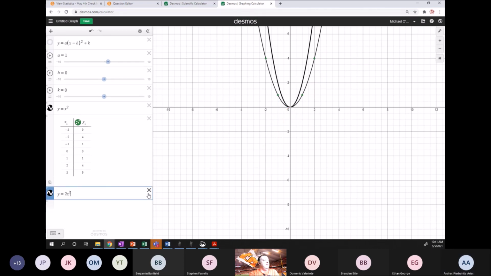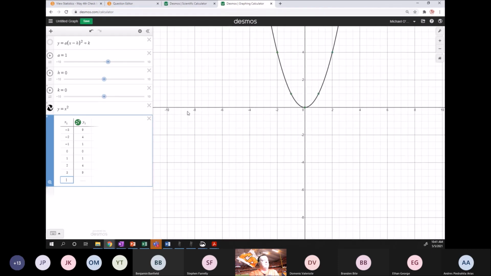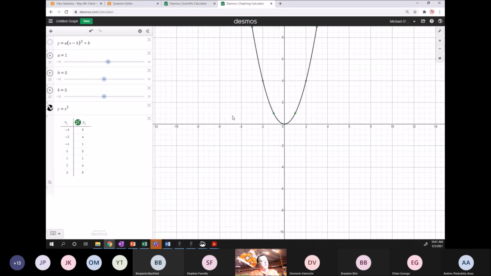All right, so let's look at this next. What happens to our graph if our number is in between 0 and 1, or 0 and -1? So what happens if it's a decimal or a fraction?